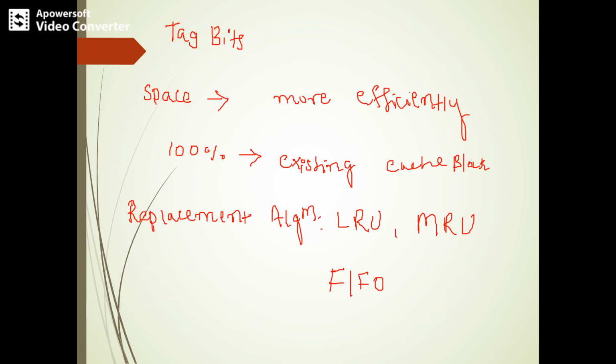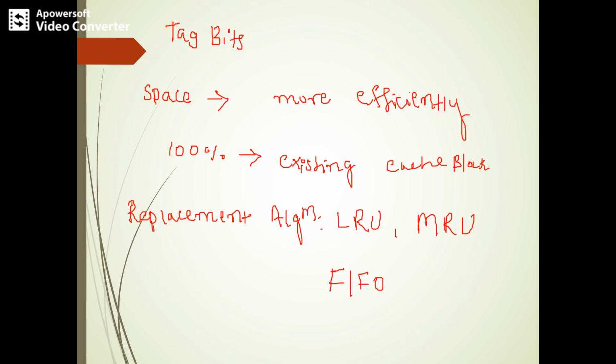Those blocks or pages can be deleted from the cache, or moved from the cache into the main memory. That is nothing but the MRU, or most recently used algorithm.